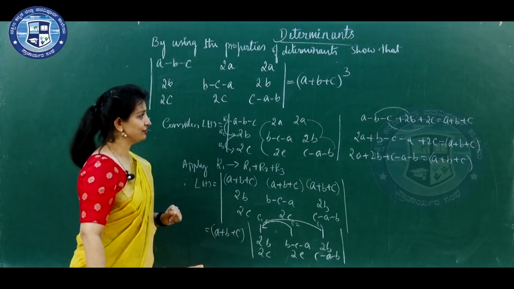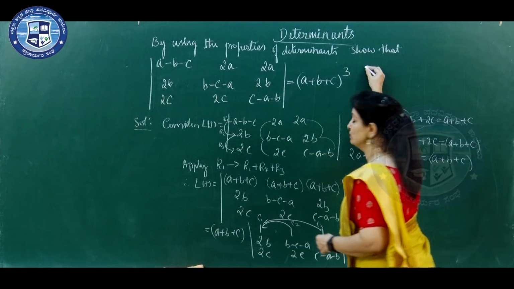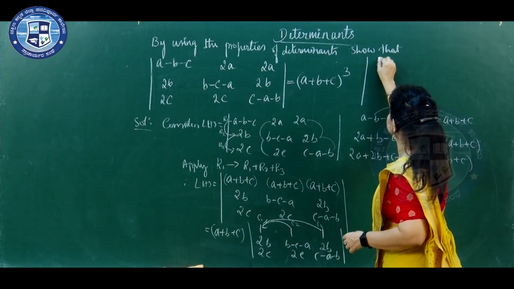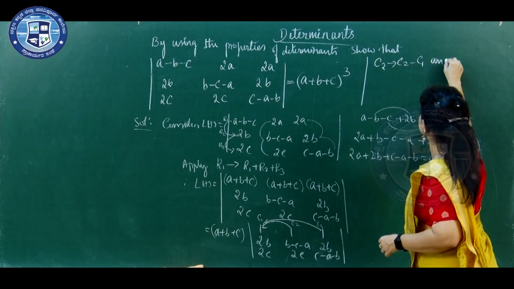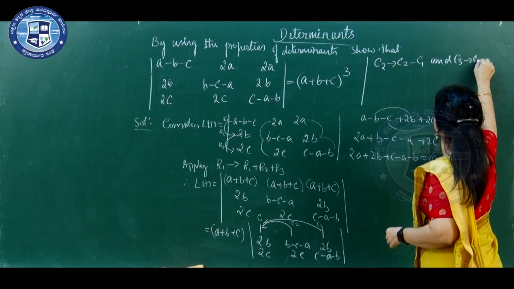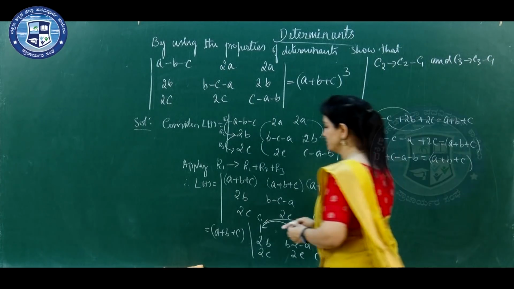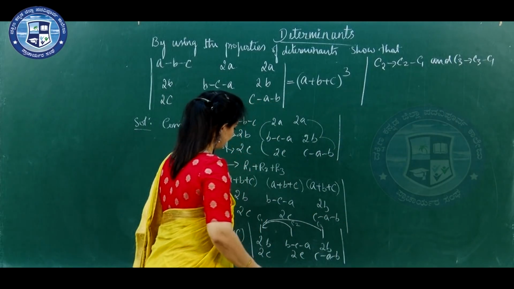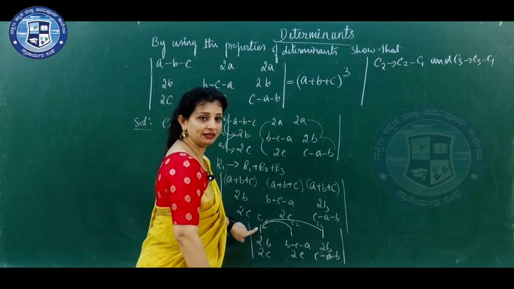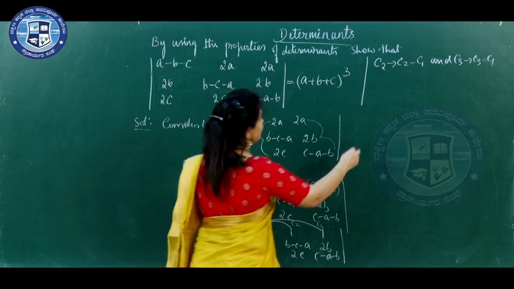So, what we are going to do? To get maximum 2 zeros, we can apply C2 changes to C2 minus C1 and C3 changes to C3 minus C1. Observe this. What do we get? So, C2 minus C1, when you do that, what is LHS?